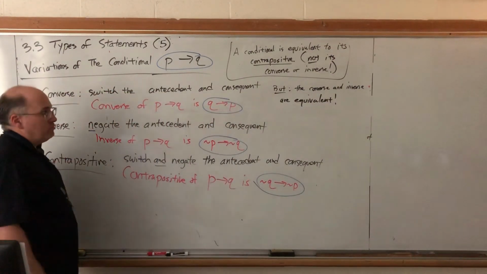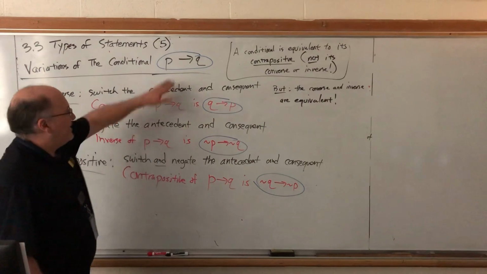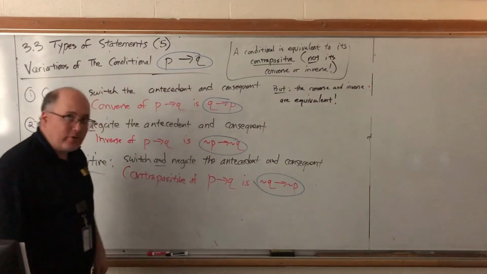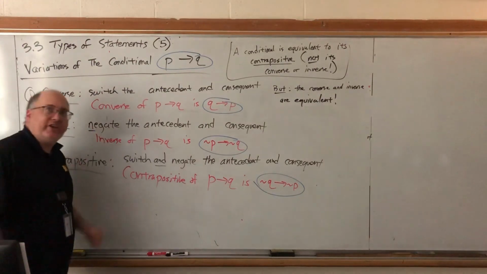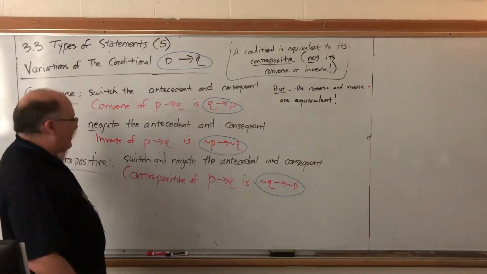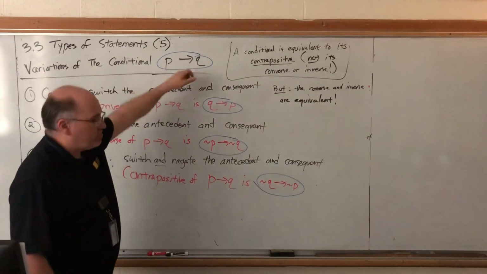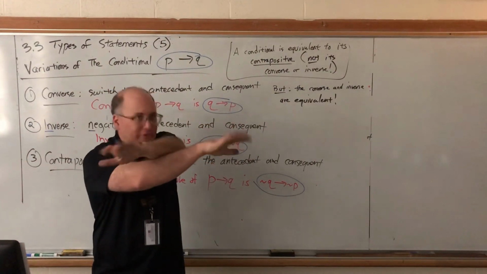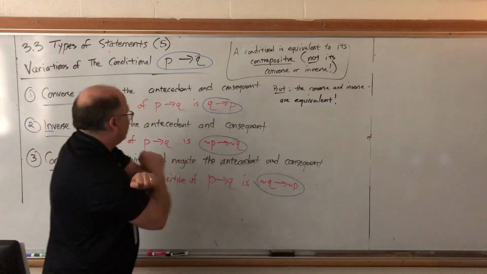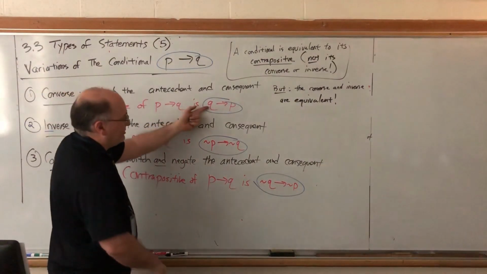If you assume or accept that a statement and its contrapositive are equivalent, because what does a contrapositive do? It switches and it negates. So what that basically means is if you have a conditional, switch the two parts and negate them both, you still have an equivalent statement. Well, take a look at this.